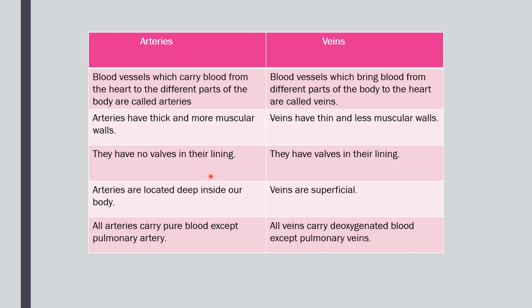Arteries do not have valves in their inner lining, whereas veins have valves in their inner lining to prevent the backflow of blood. Arteries are deeply located in our body, whereas veins are superficial because they are present just near our skin. All the arteries carry pure blood except the pulmonary artery. All veins carry deoxygenated blood except the pulmonary veins.